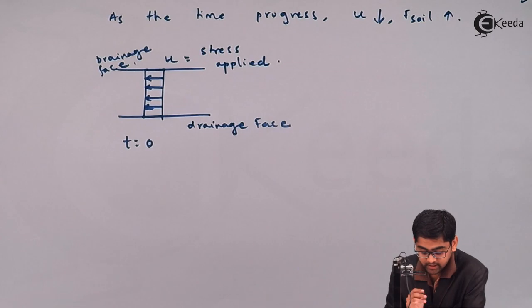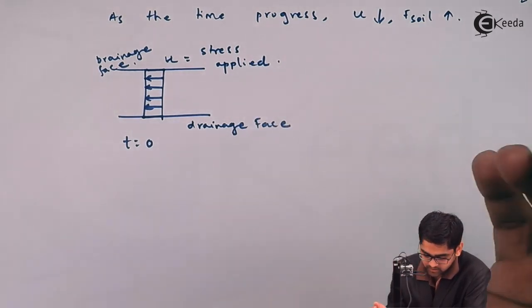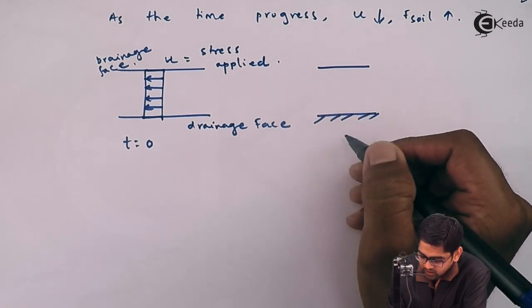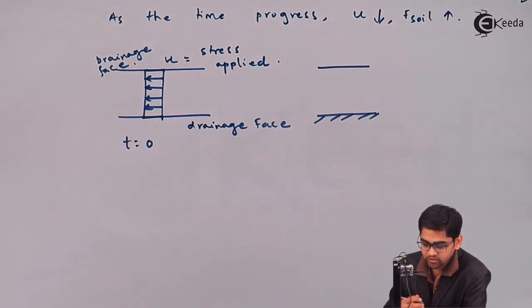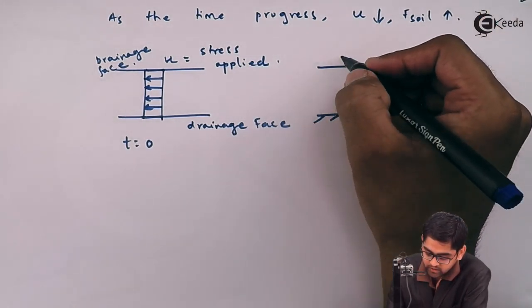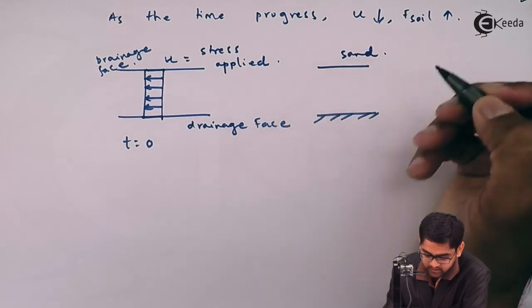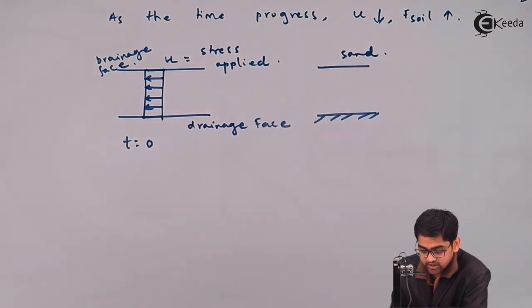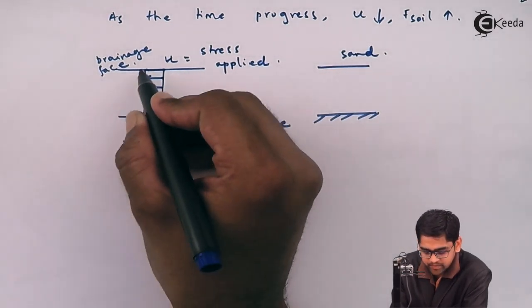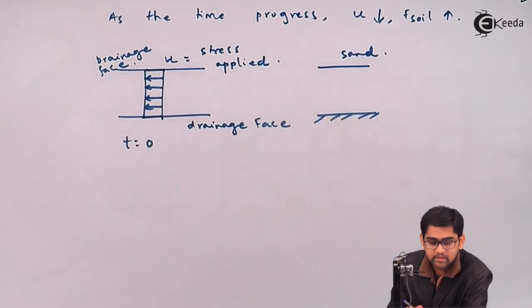But if you have this as the rock, which is impermeable, water cannot go down here, but the water can easily escape through this particular drainage. So I consider this as the sand. Initially, immediately after application of the load, the pore water distribution diagram will be like this.